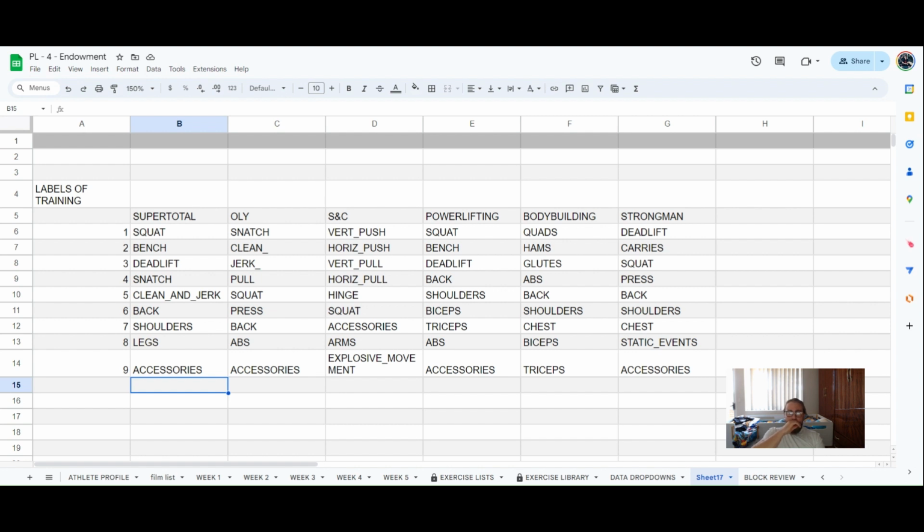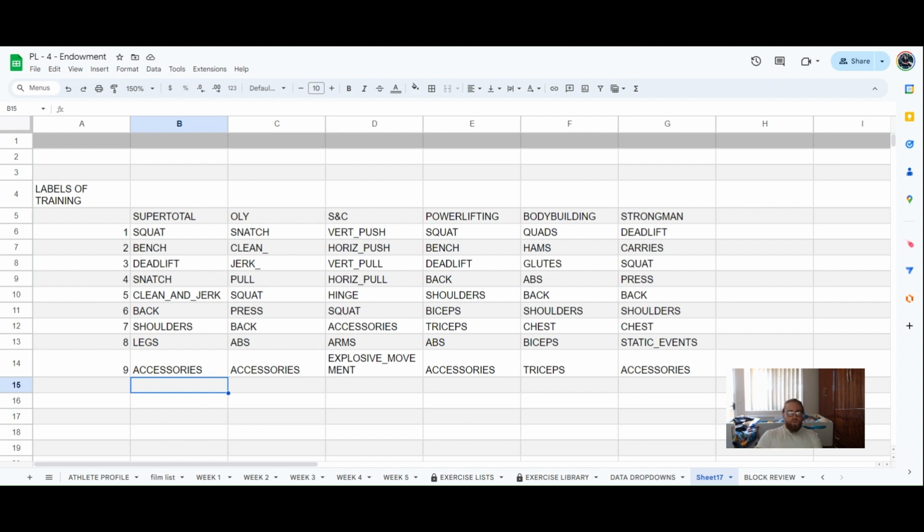So in that, we use groups. On the page, I have been going over labels of some groups depending on the sport. I think the groupings you use should be sport specific, and I prefer mostly focusing on movement, and then for accessories, focusing on muscle.